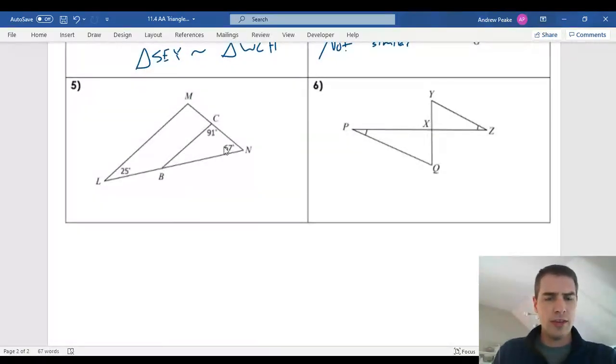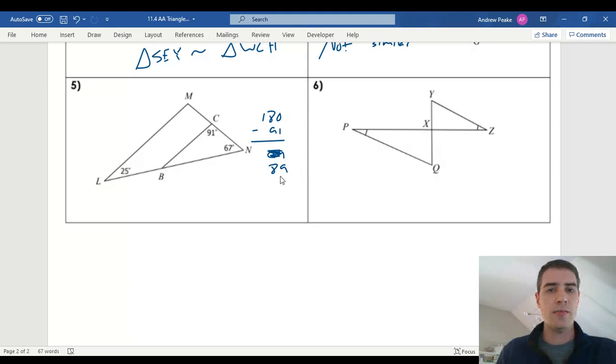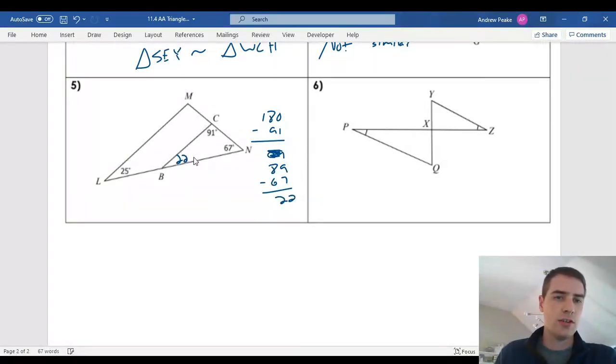We have, looks like I need to do 180 minus 91. I'm blanking with my mental math right now. That'd be 89. All right, so I got 89, and then minus the 67, that would be 22. So it gives me 22 right there. So I got 22, and then I have for the big triangle a 25, a 67, and then whatever's left over here.